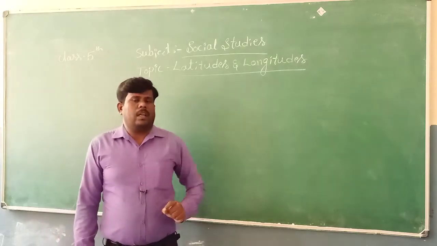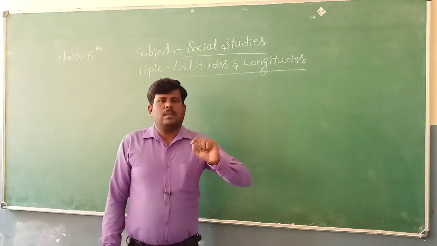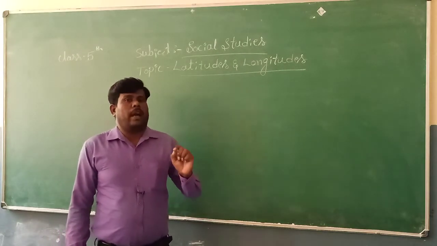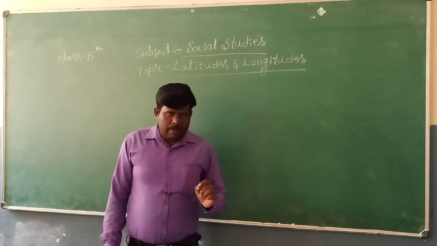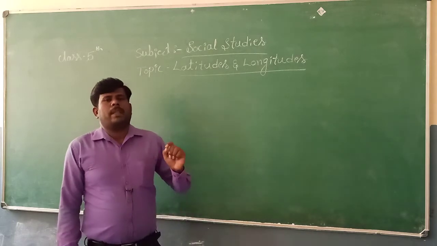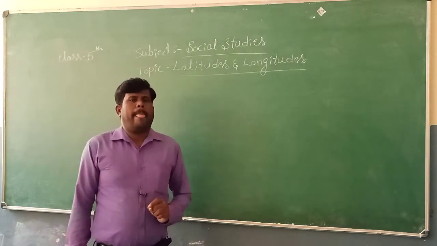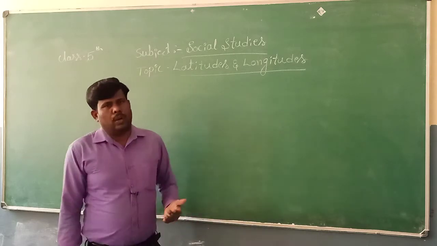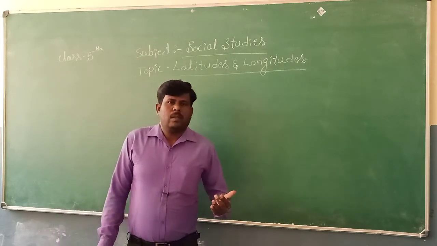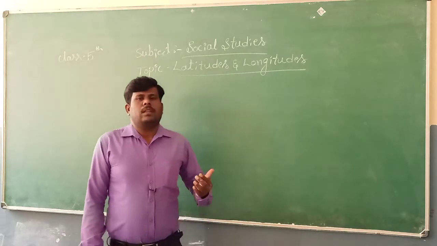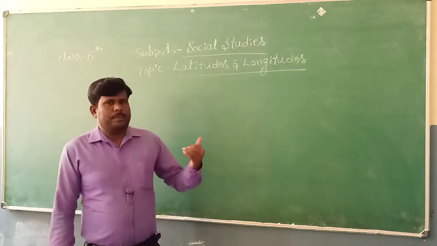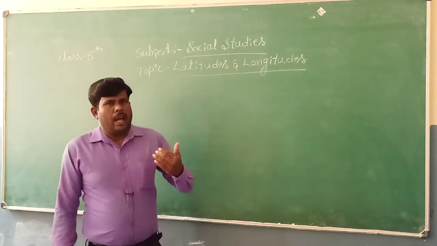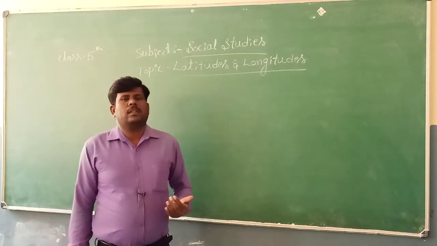And the great circle marked in the middle of the globe is the equator. The measurement of this line is 0 degree. There are other important latitudes also called Tropic of Cancer, Tropic of Capricorn, Arctic Circle, Antarctic Circle.